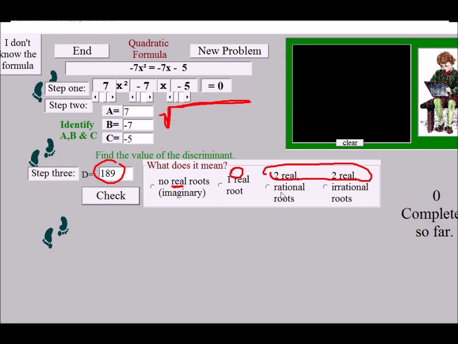Now, the rational roots will show up if the number is 1, 4, 9, 16. It's not one of the perfect squares.